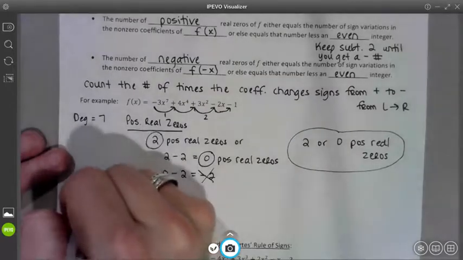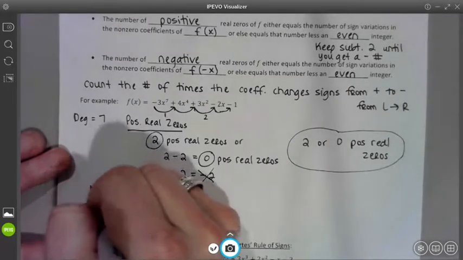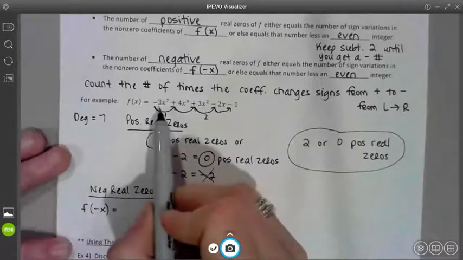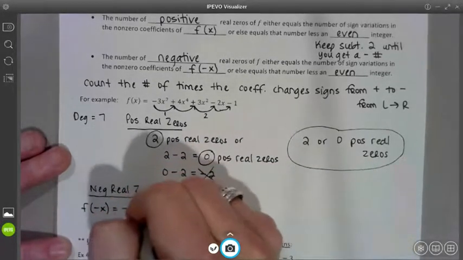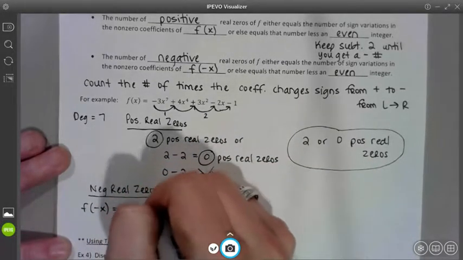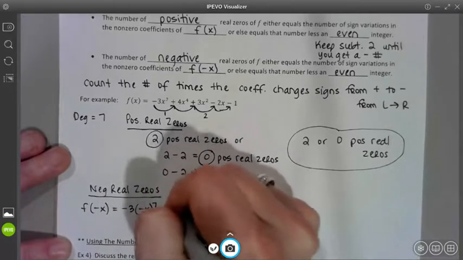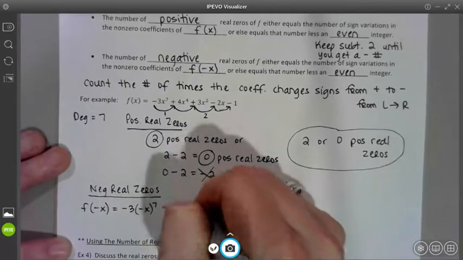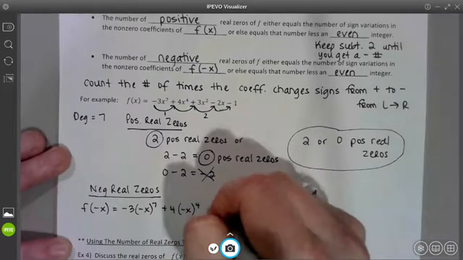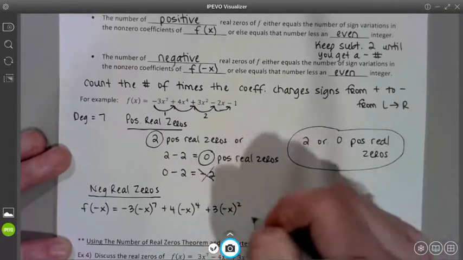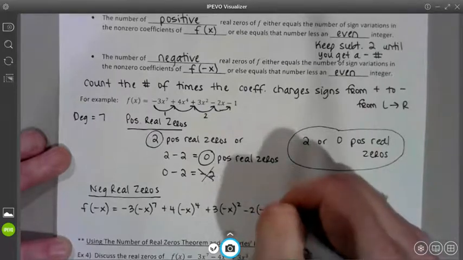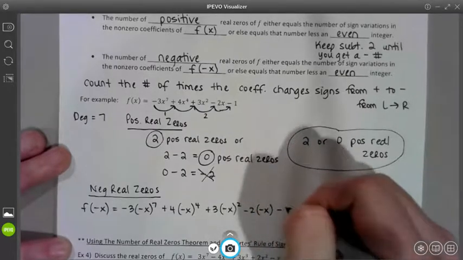So first you have to find f of the opposite of x. You have to plug the opposite of x into this original function. So negative 3 times the opposite of x to the 7th power plus 4 times the opposite of x to the 4th plus 3 times the opposite of x squared minus 2 times the opposite of x and then minus 1.